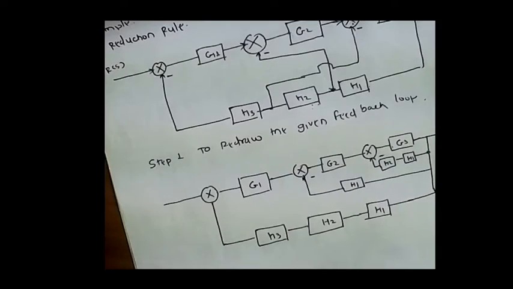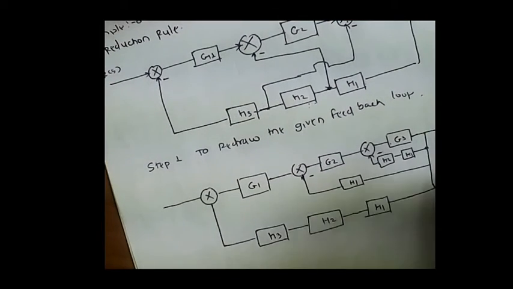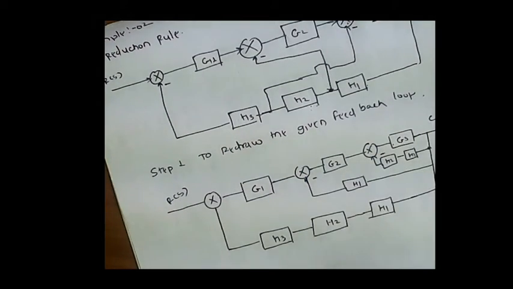So G3, H2 and H1. So this is another. We can draw the simplified structure from this to this. We just restructure here C(s) over R(s).